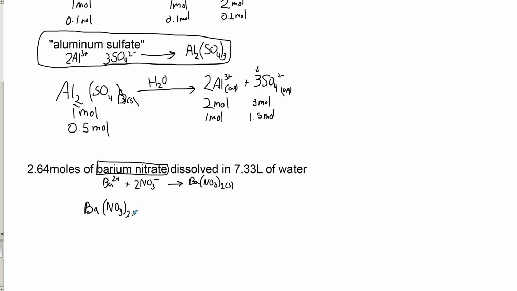We are mixing it with good old H2O. We are going to get a Ba2+ aqueous, and we are going to get 2 NO3 nitrate ions, and they're also aqueous.